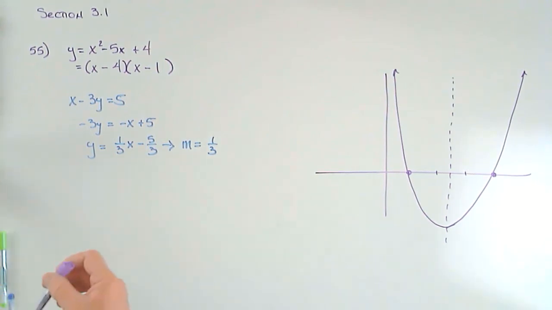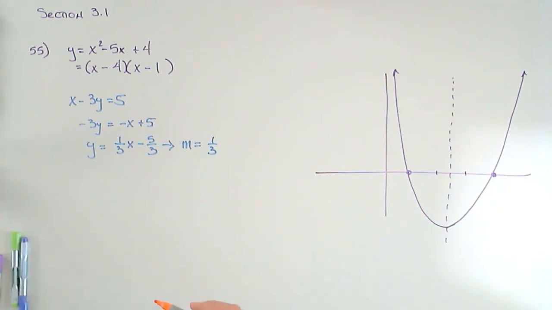So it has to be normal, perpendicular, and have a slope of 1/3, right? A slope of 1/3 goes like this. It's not very steep. Rise over run: run's going to be 3, rise is going to be 1. So the slope's not going to be very steep.